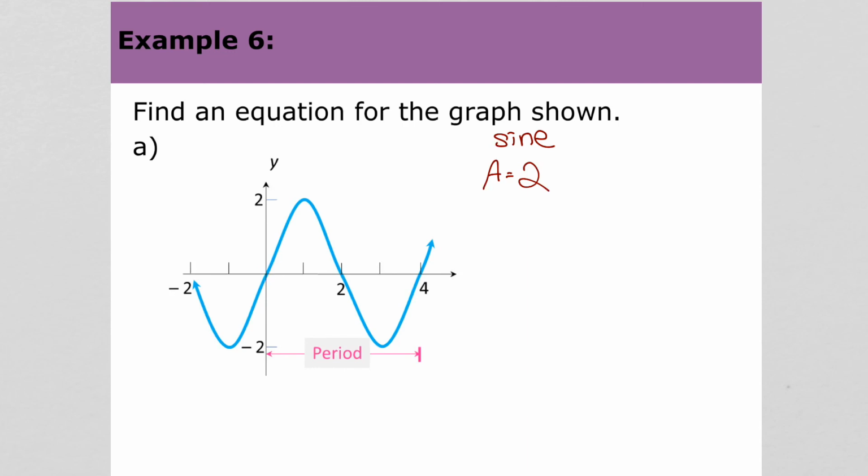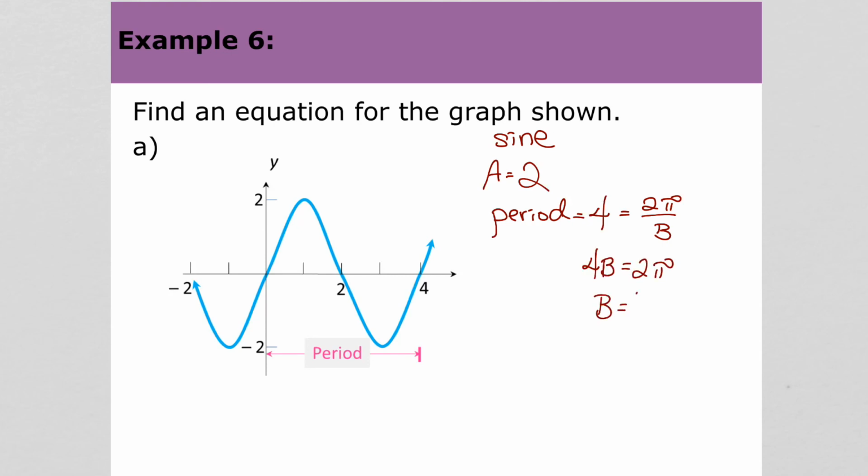And then the period is 4. This tells us what b is, because the period is 2 pi over b. So we just take this and solve for b. Basically cross multiply. 4b equals 2 pi.